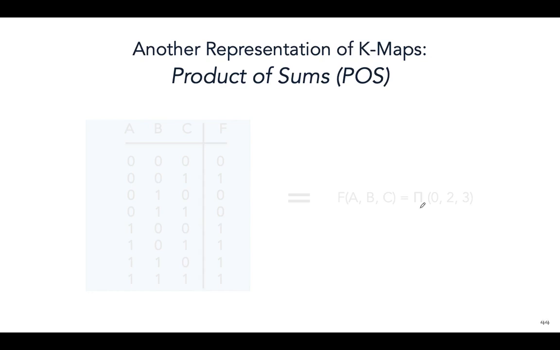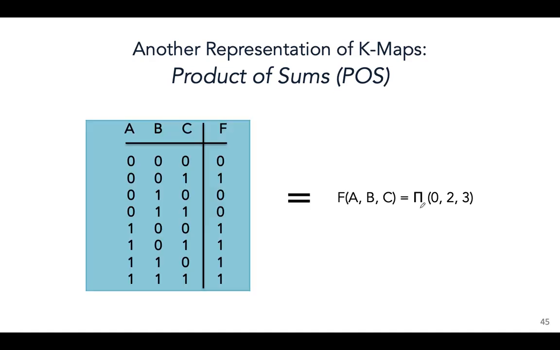Another representation of K-maps is also possible. It's called product of sum. So in that case, we take product of sum terms. Rather than taking sum of products, we take products of sum. Here's an illustration of what that looks like. So here's a truth table. This is the same truth table that we discussed when we were talking about min terms, right? We have already seen how to represent this truth table as min terms.